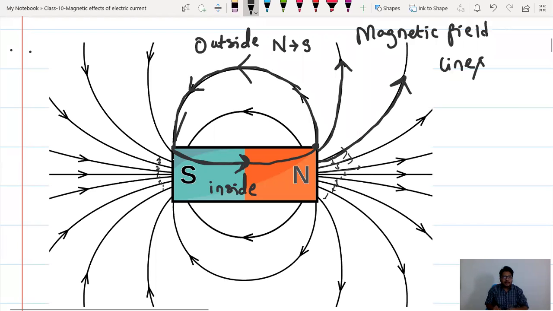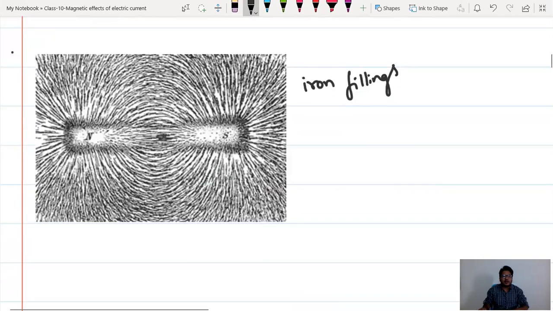So from this we can conclude one thing: near poles there will be huge strength. And while coming to here, you see there is huge gap. So in the middle there will be less strength or less potential. That we can conclude here.